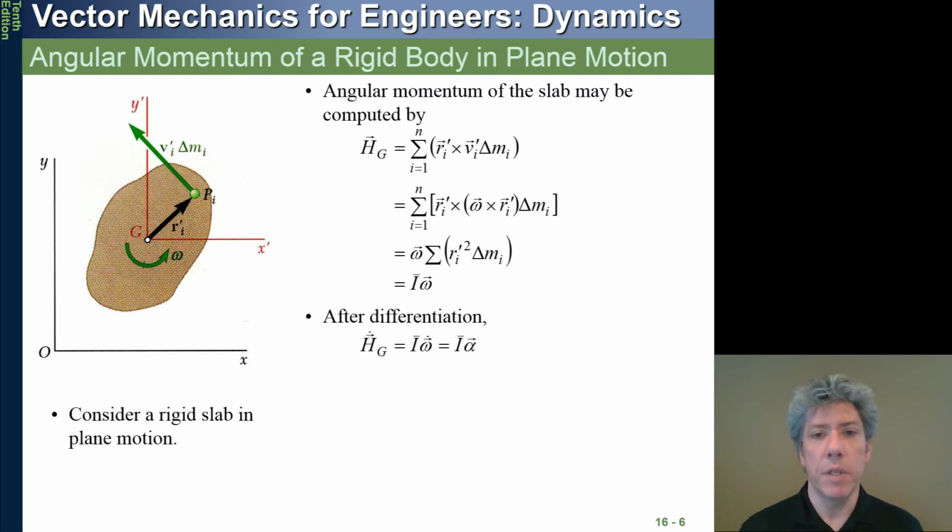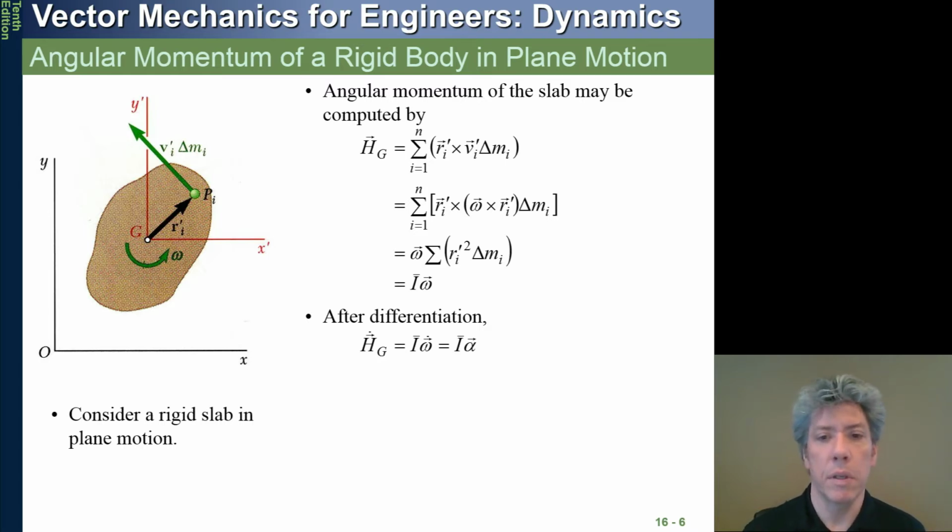Now, if we differentiate this equation, we find that the rate of change of the angular momentum of the body about its center of gravity is equal to I times the rate of change of the angular speed of the body, which is equal to the mass moment of inertia times the angular acceleration of the body.